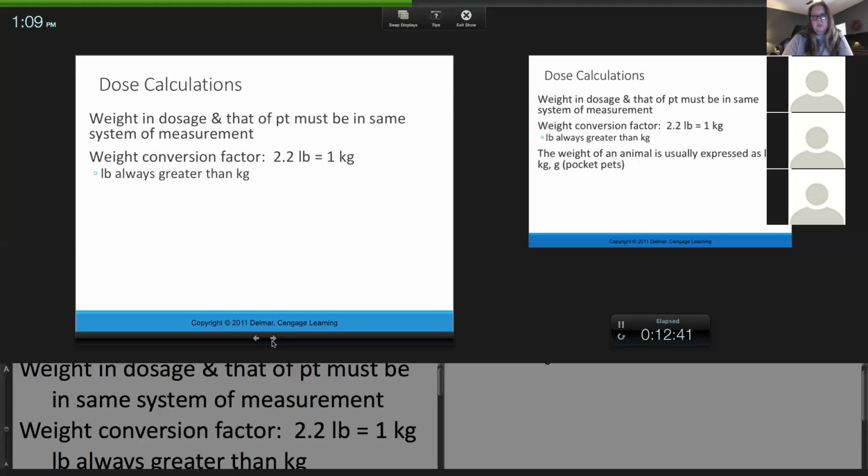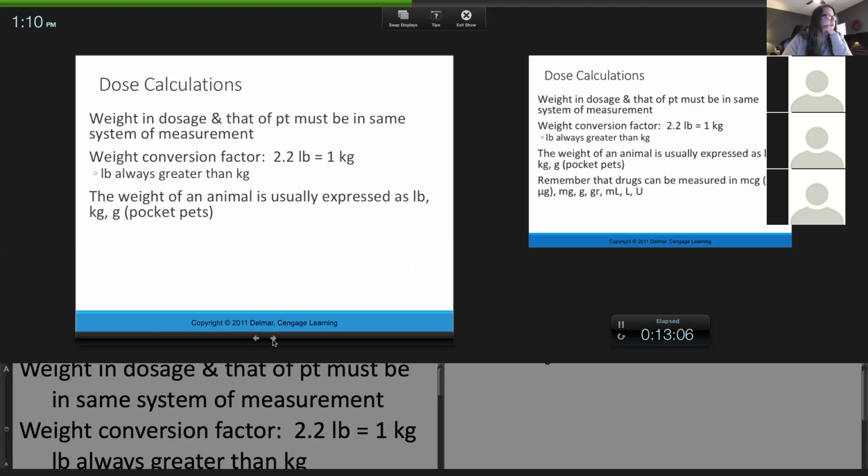Something to know: pounds is always more than kilograms. An 80-pound dog is usually around 40 kilograms. That's rough dividing. If you divide by 2 in your head, it gives you a frame of reference, but you have to use 2.2 to do the actual math. Usually kilograms are about half the amount of pounds.